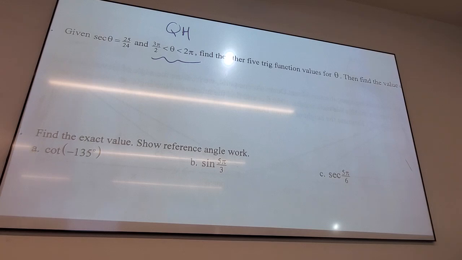So you have two ways you can go with this. One way is draw a triangle where secant theta is 25 over 24. Can you guys do that? Draw a triangle where the secant would be 25 over 24.